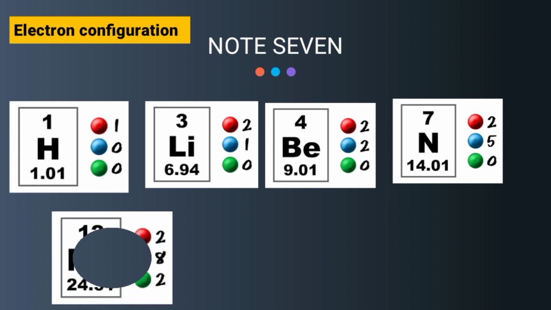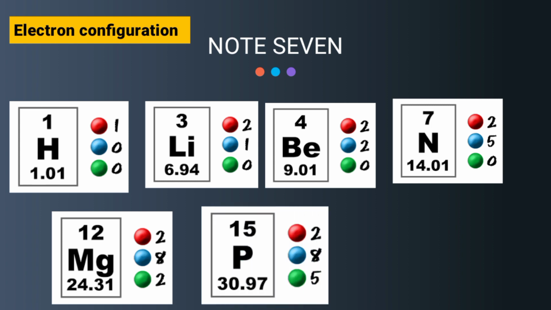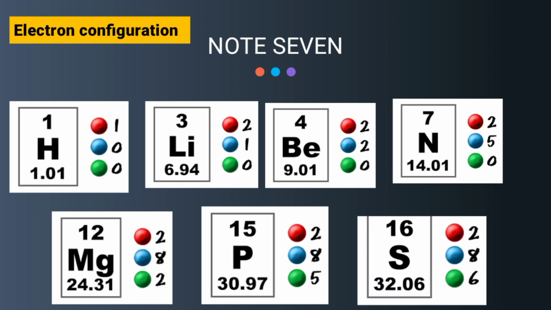We have something like magnesium: K shell is 2, L shell is 8, and M shell is 2. We also have something like phosphorus: K shell is 2, L shell is 8, and M shell is 5. And we have sulfur that I have actually treated before: K shell is 2, L shell is 8, and M shell is 6.